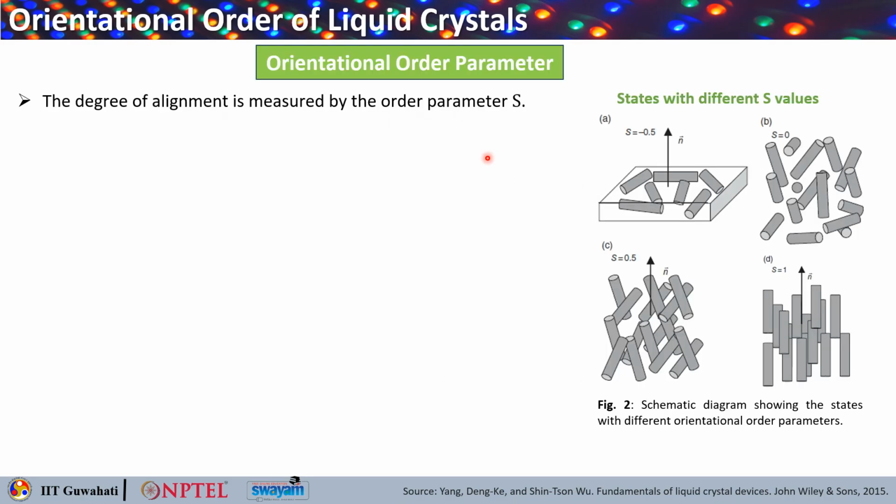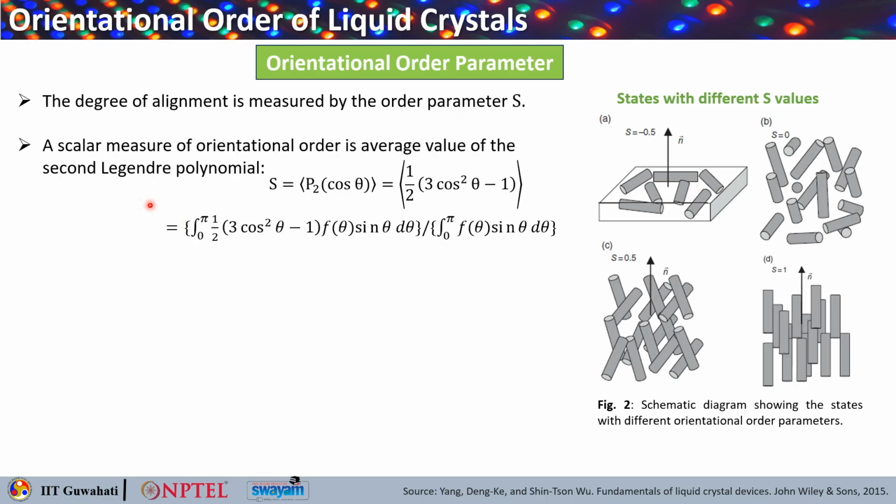Depending on the orientational order, there is a parameter that can describe how oriented your crystal is. The degree of alignment is measured by this order parameter, which is capital S. You will see that some of the symbols are used for different purposes, so never mind those. One is from thermodynamics, and this is from liquid crystal jargon, so they prefer to use S. S is a scalar measure of orientational order, obtained as the average value of the second Legendre polynomial.